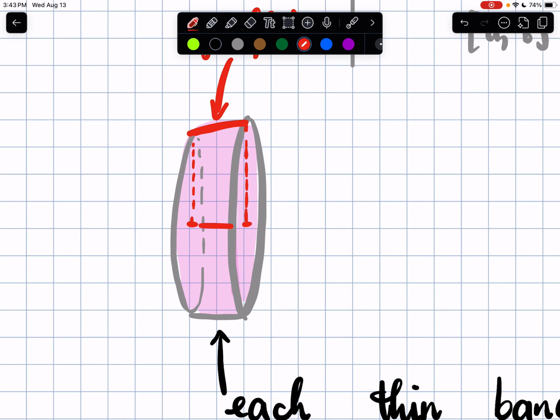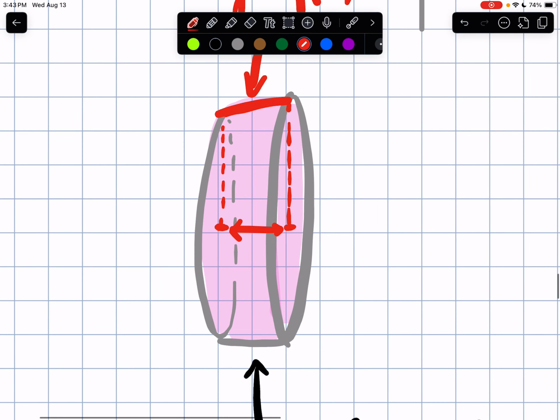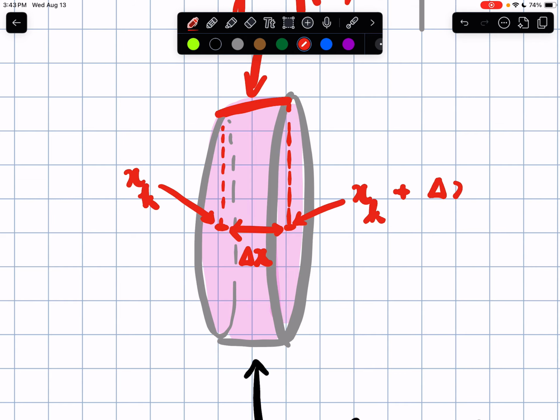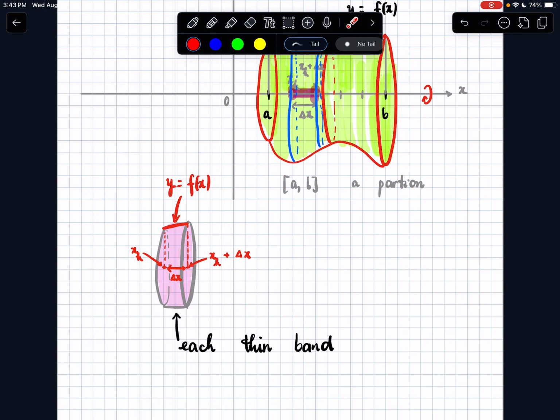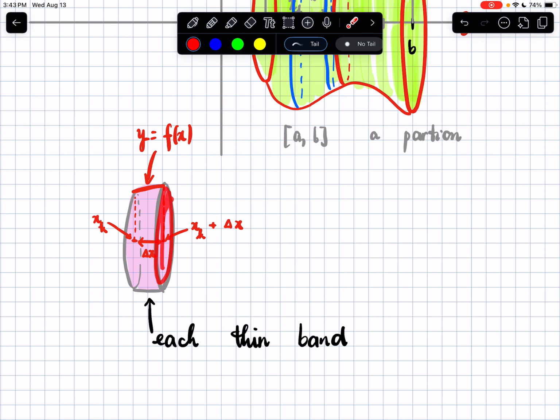So this length is delta x, the width is delta x, here is xk, and here's xk plus delta x. We will try to compute the surface area of this band. So note that we only compute the area of the band without computing the area of the base. So only the band itself.